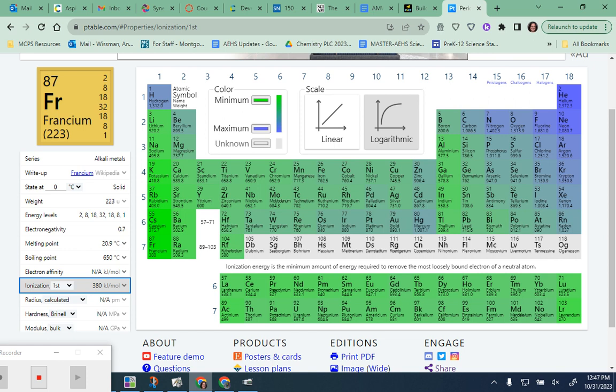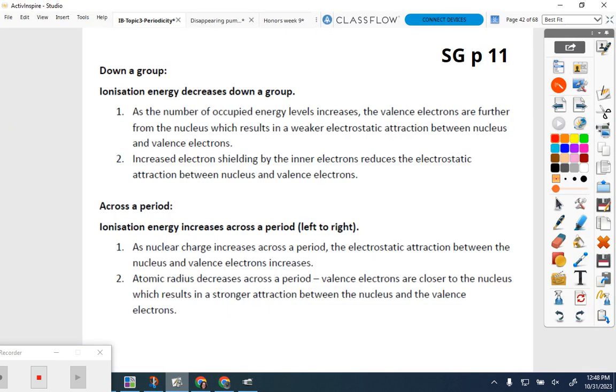So while our effective nuclear charge stays similar within a group, we're getting further and further away. We have more protons, but we also have more shielding electrons, so that balances things out as far as effective nuclear charge goes, but we also have an increasing distance. So if you look in that section on your study guide, the valence electrons are further away, and there's increased shielding. Both of those things lead to a weaker force of attraction. It's going to be easier to pull off an electron.